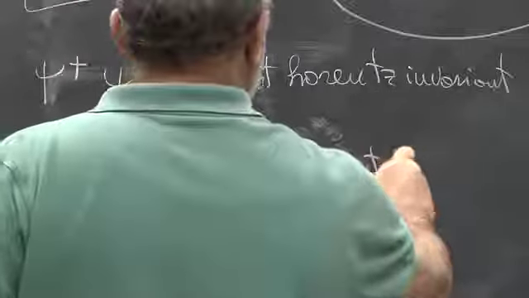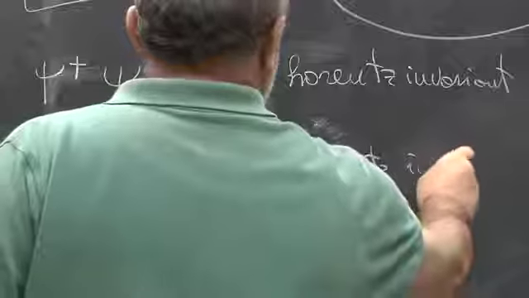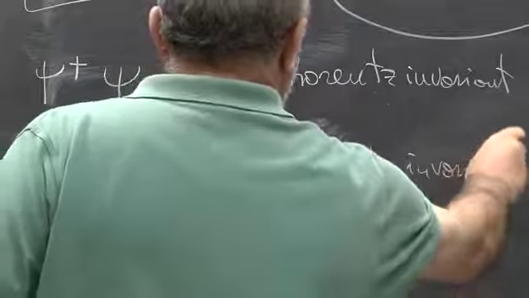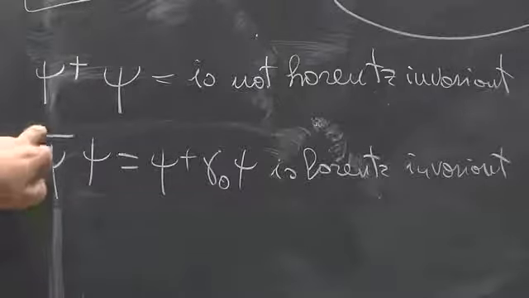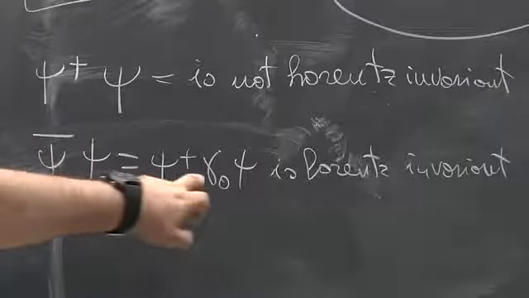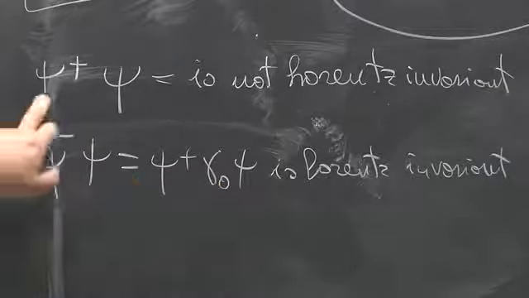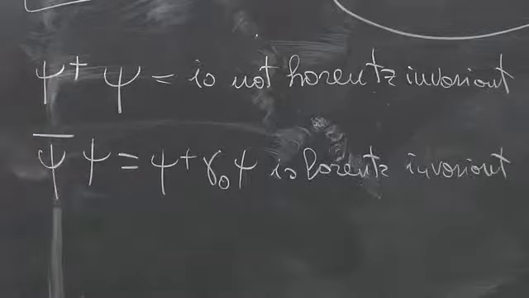So this explains why most of the quantities you will see in relativistic quantum mechanics always have the psi bar. The reason is exactly that the presence of this gamma 0 makes this bilinear a Lorentz invariant quantity.